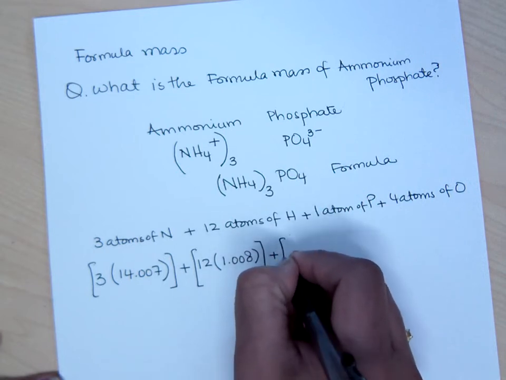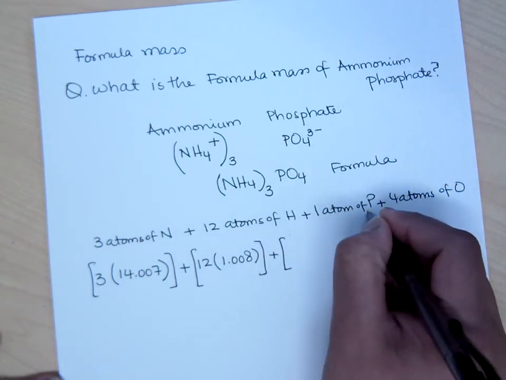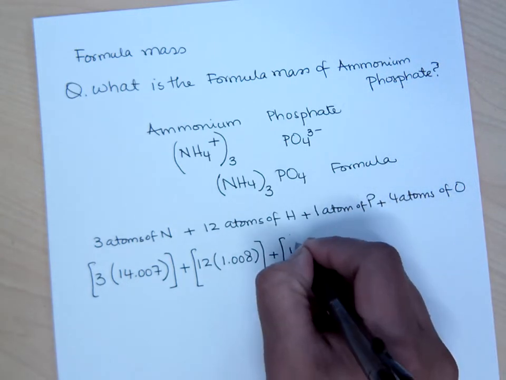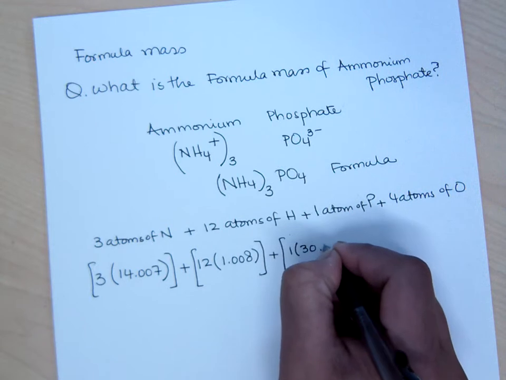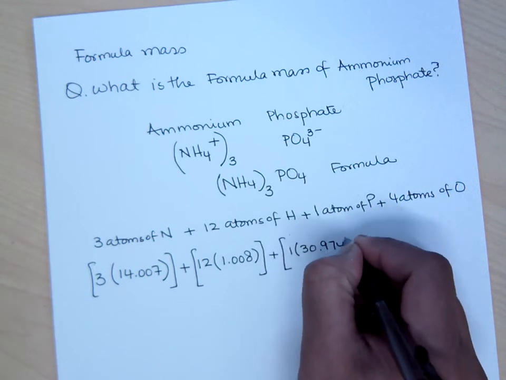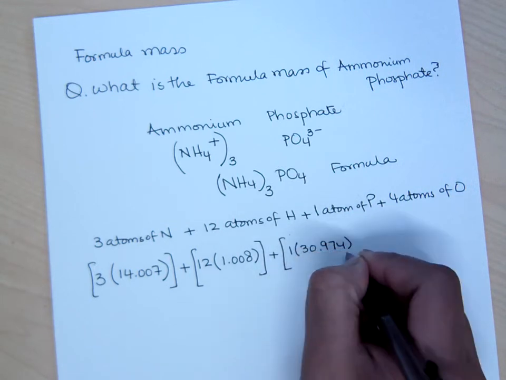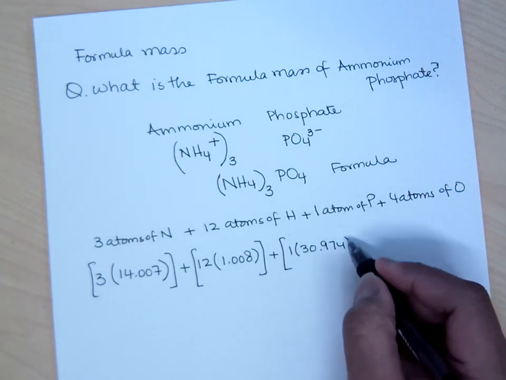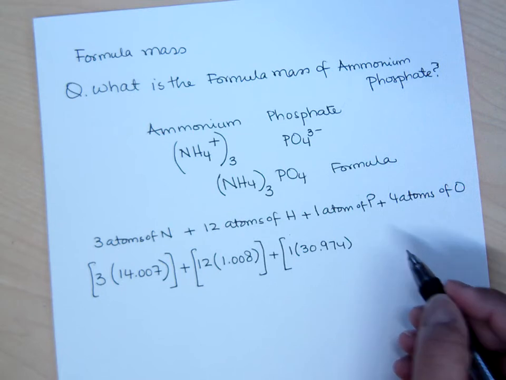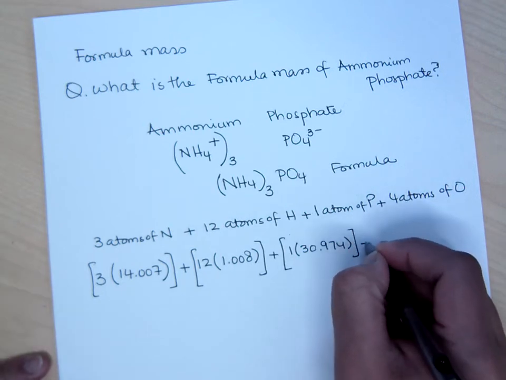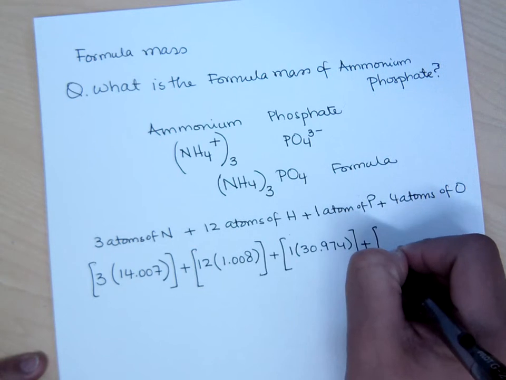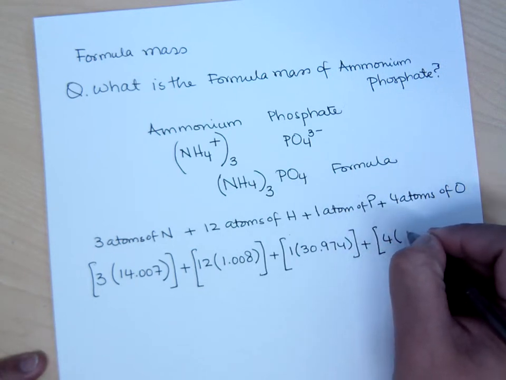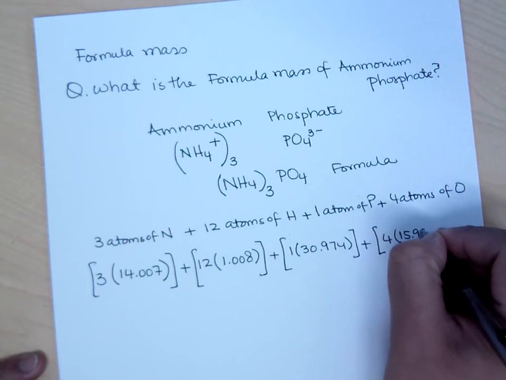Plus 1 multiplied by the mass of phosphorus. You don't have to show the 1, but the purpose of showing the 1 here is just to help you recognize how this transfers the information from above. Next, we take 4 multiplied by the mass of oxygen given in the periodic table.